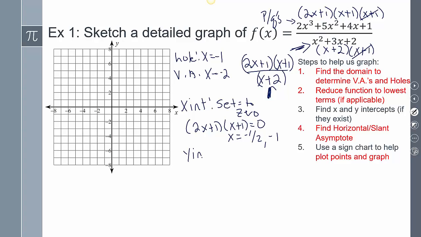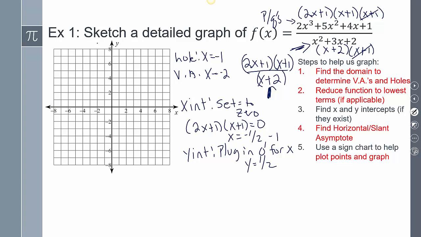For my y-intercept, this is where you plug in 0 for x. Plugging in 0 for x, everything over here is going to be 0, and so I just get 1 over 2. And so my y-intercept is going to be 1/2.